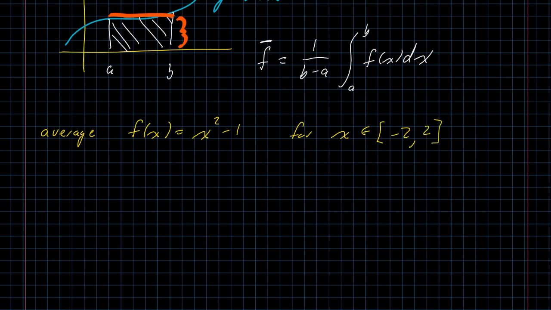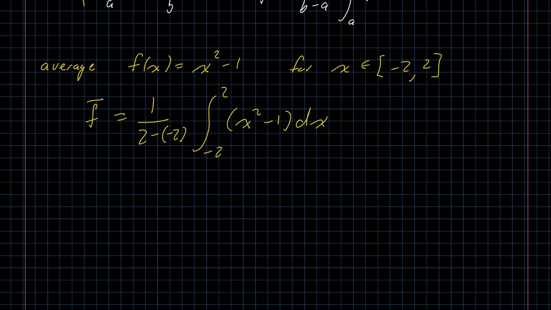All right, well, just following our formula, f bar is going to be 1 over 2 minus -2 times the integral from -2 to +2 of the function x squared minus 1 with respect to x. All right, 2 minus -2 is 2 plus 2, which is 4. And then integrating.